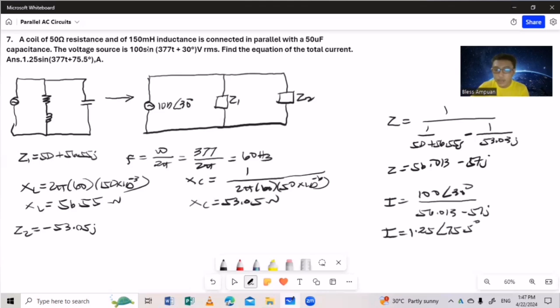Therefore our current is 1.25 sine of 377 T plus 75.5 degrees. So this is our correct answer. That is for our number 7.